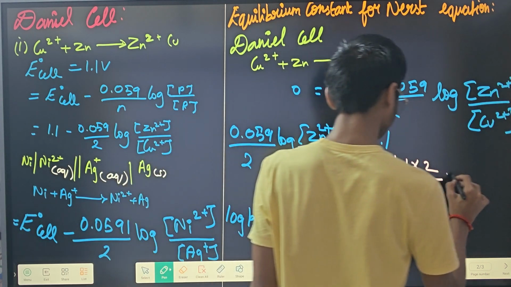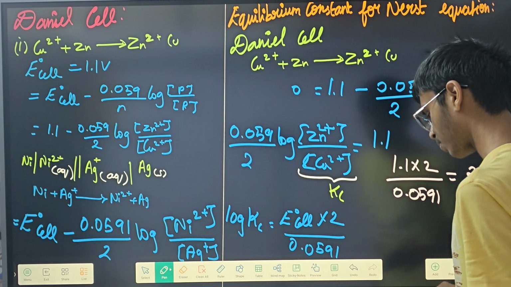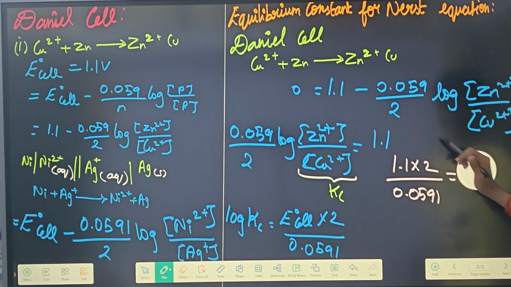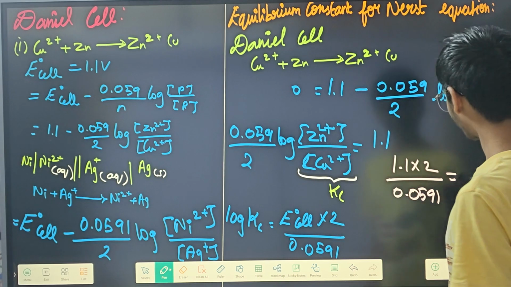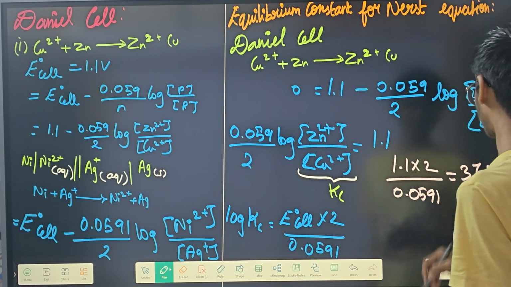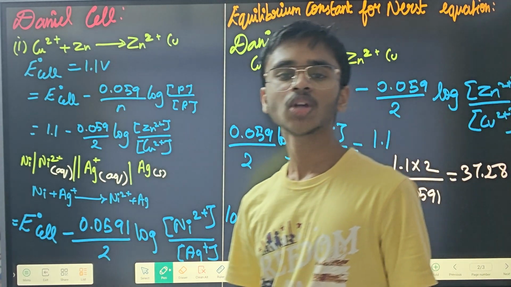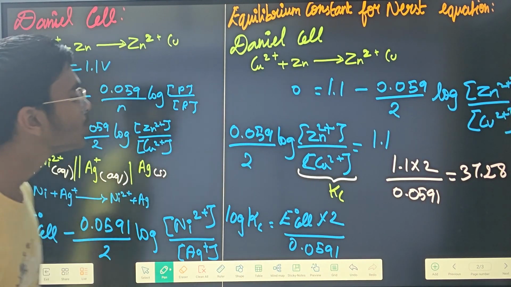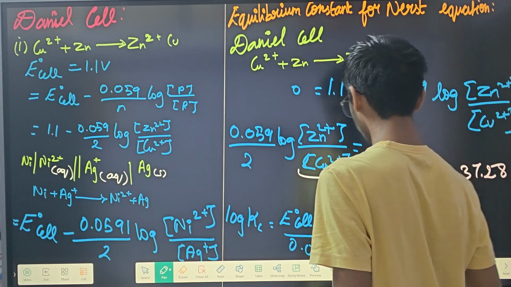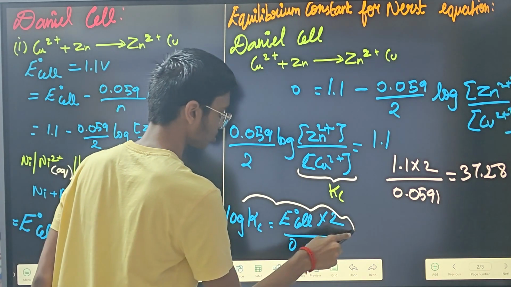It will be 220 whole divided by 5 or 3. Since the handwriting is not that visible, the final value can be written as 37.28. So it will not be 5, it is 3, I think. So this is what we are going to get, 37.28, and this is the main formula that I was trying to show.